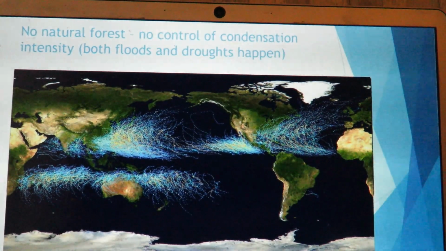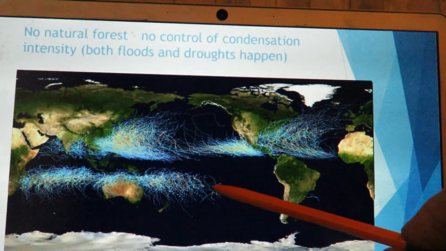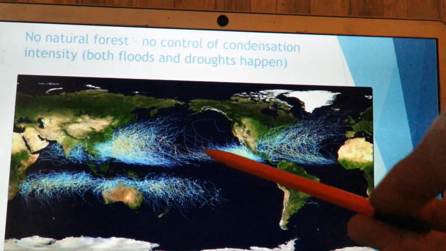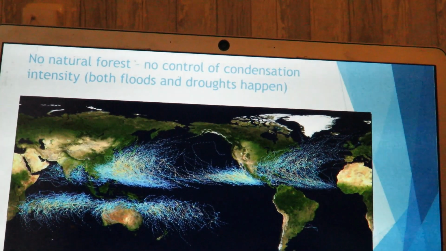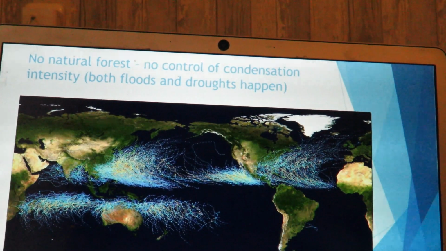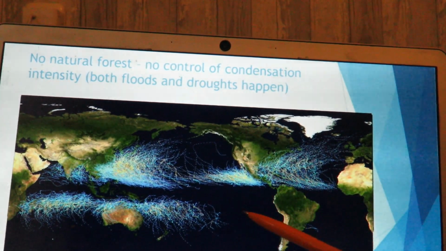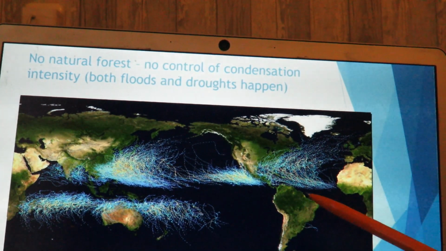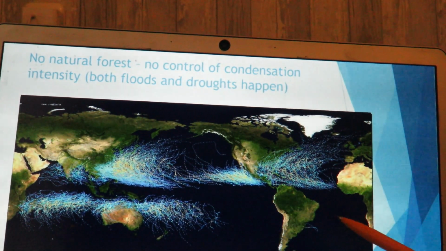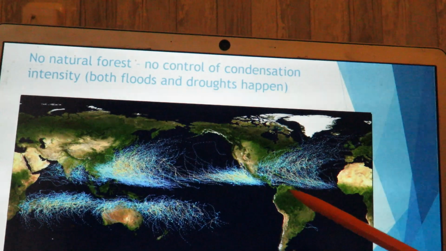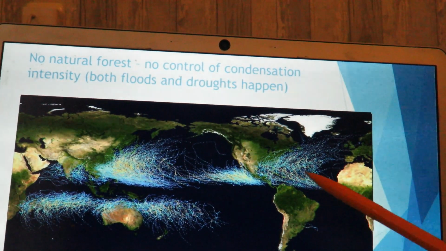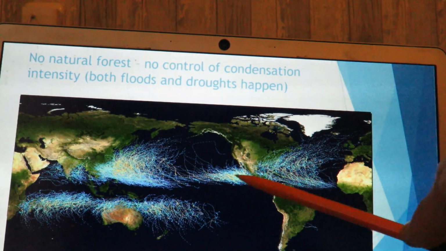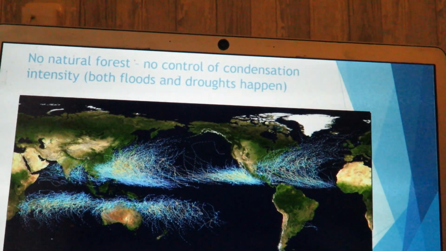Meanwhile, as you can see, these are tracks of all major tropical cyclones during the last several decades, and you can see that in the regions surrounding the big forests of the Congo and the Amazon rivers, no tropical cyclones form, because the forest draws moisture away from the ocean, and so it controls condensation intensity over large regions.